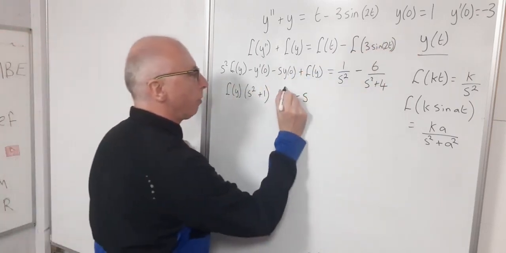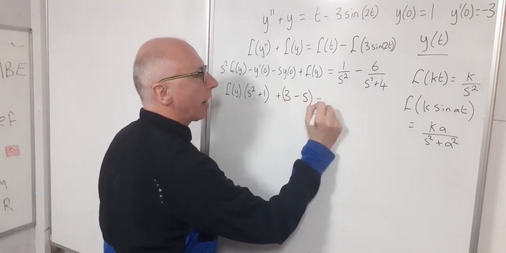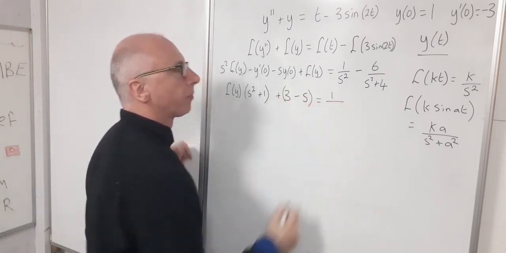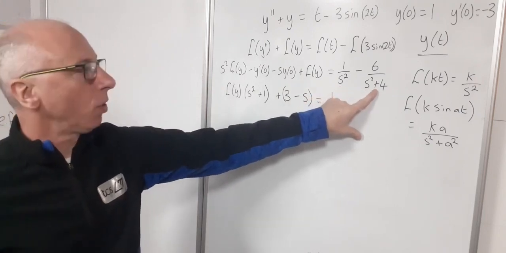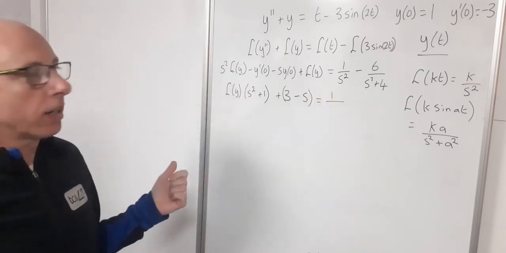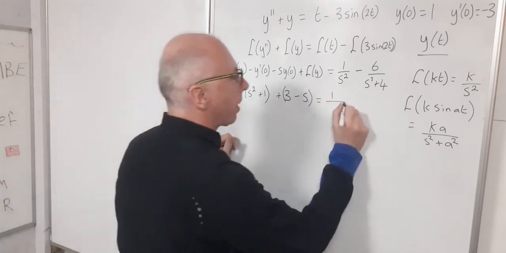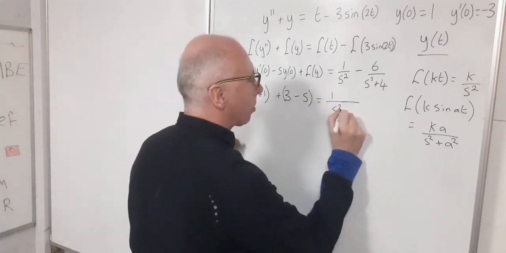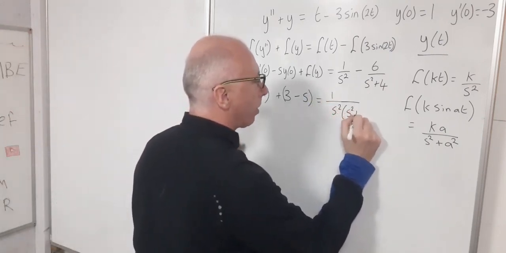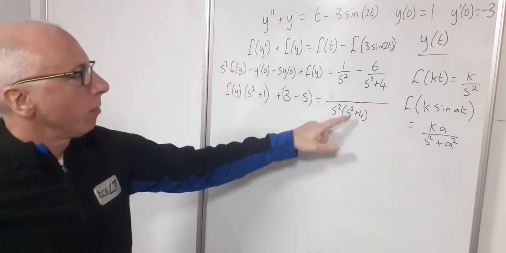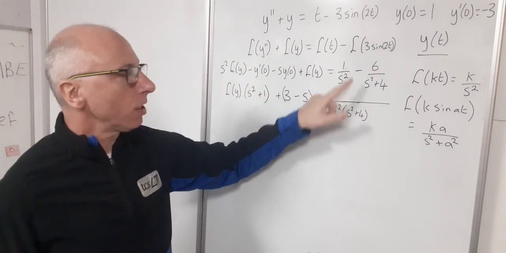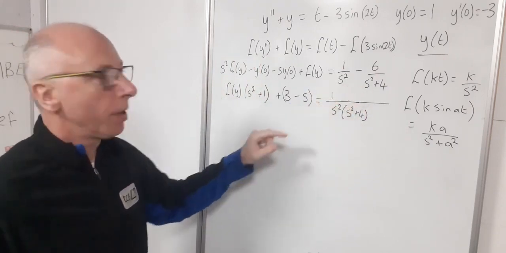Okay, so I've put that in a bracket, and that equals 1 over s squared, and s squared plus 4. Why don't I try and get a common denominator and write this as s squared plus 4, and then what I would do is just correct these numerators by multiplying by the appropriate term.